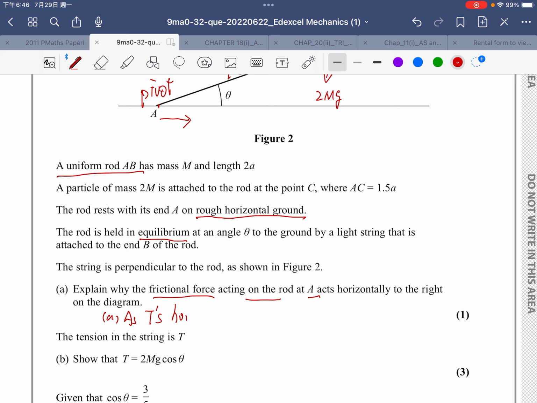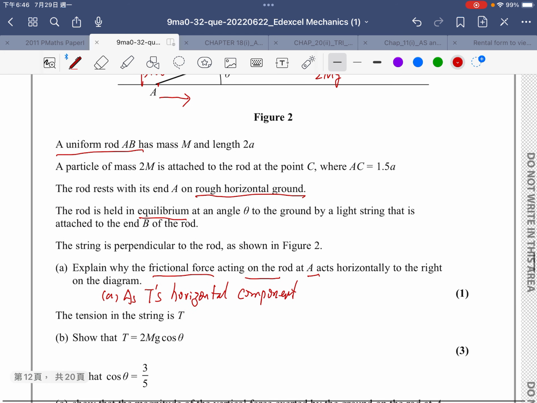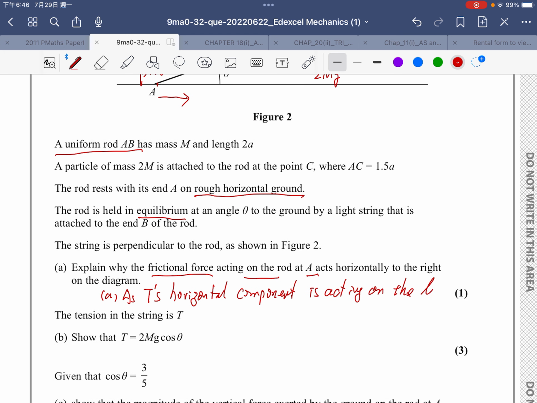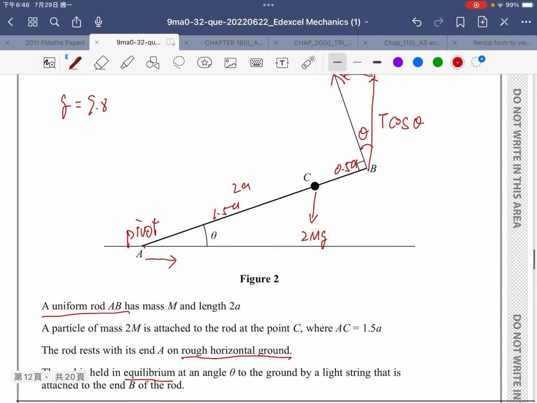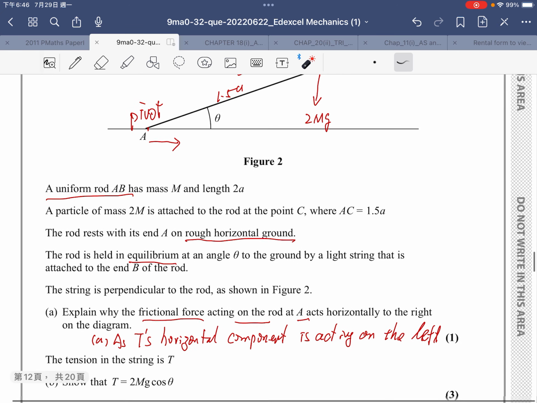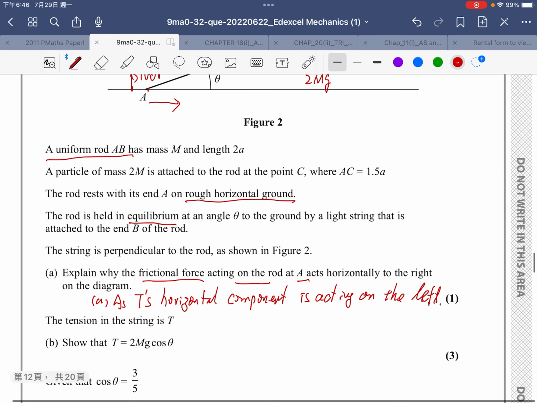T's horizontal component is acting on the left, in this direction, which is equal to T sine theta. And this is the only horizontal force to the left.